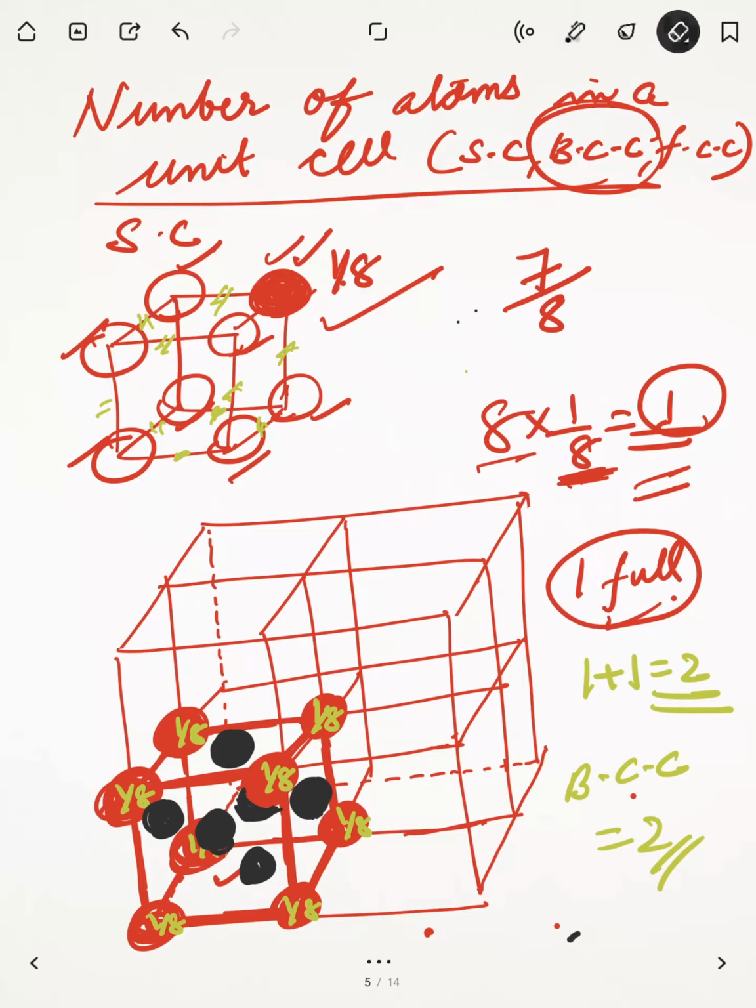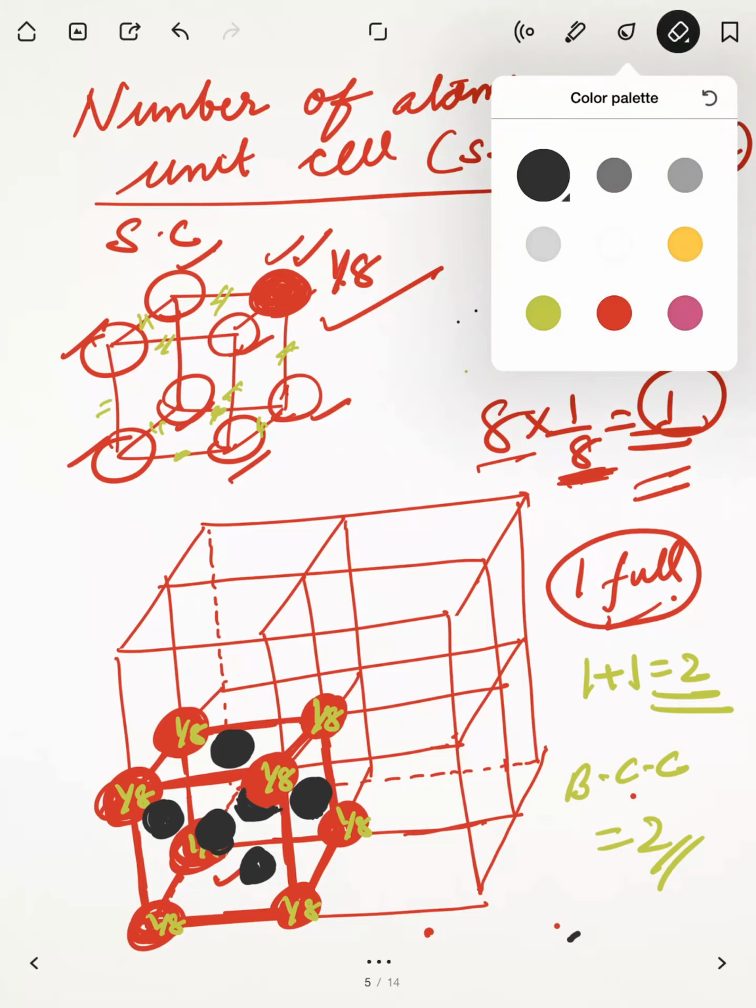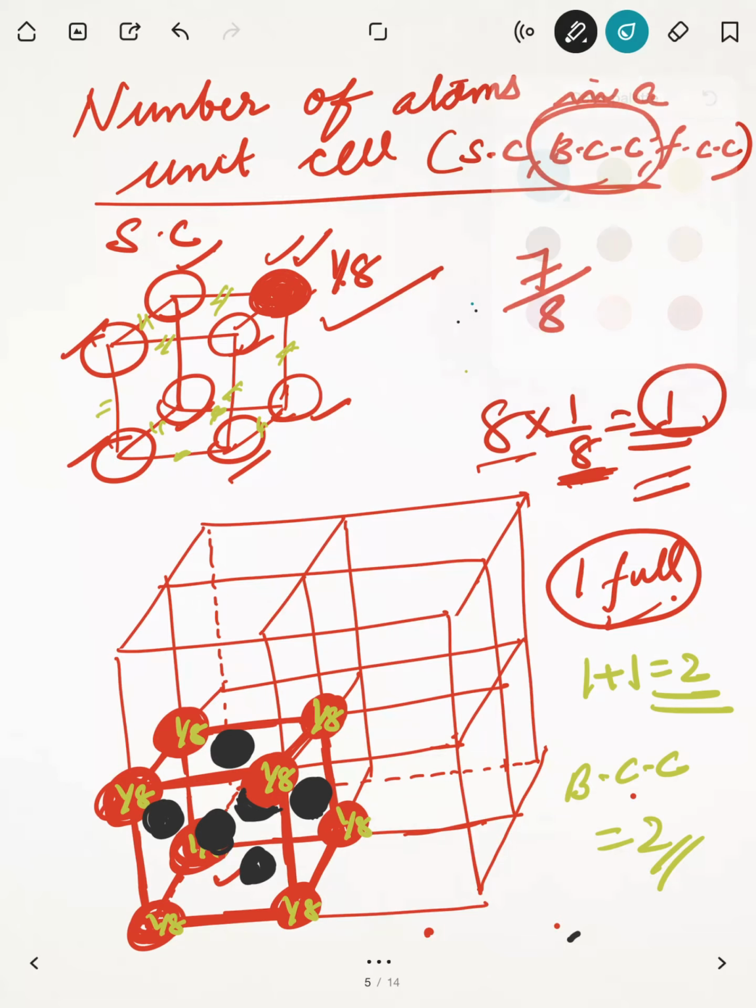Look at this blue dotted one. Actually, half of this ball, half of this sphere, half of this atom is present in this particular unit cell, and half is in the upper unit cell.